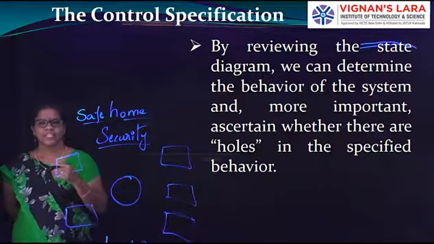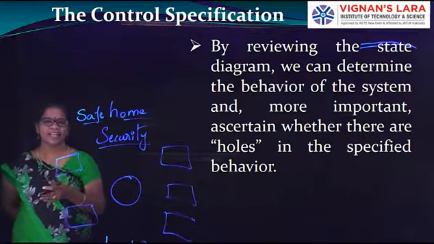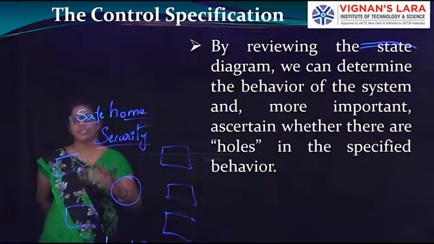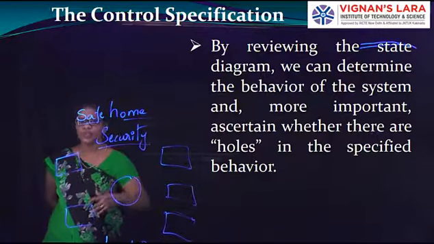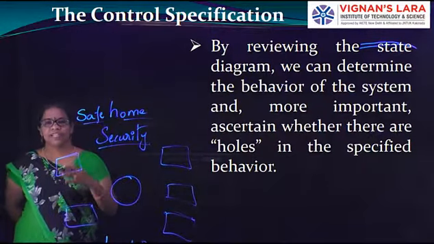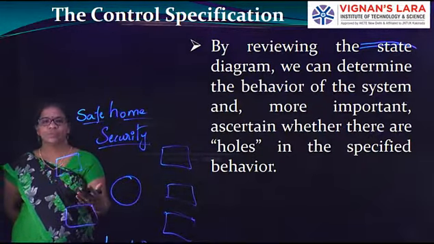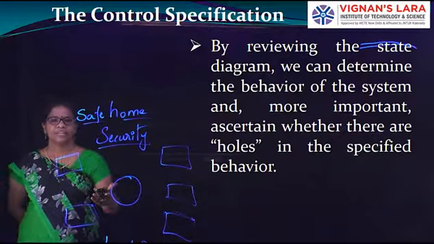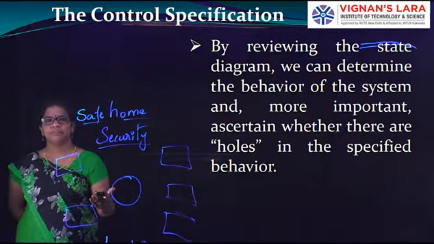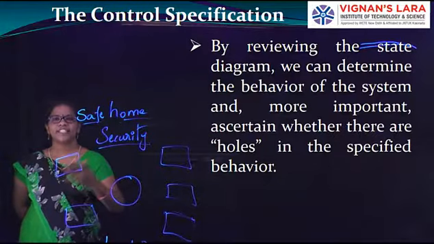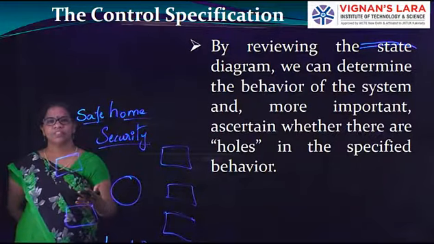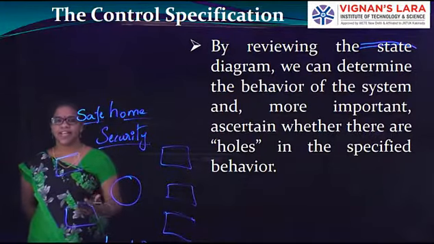Up to now we have seen the diagrams only, showing how the system will act. Now we are going to see what happens when we interact with the system, and what changes will happen, how it changes from one state to another state. That is given in the state diagram.